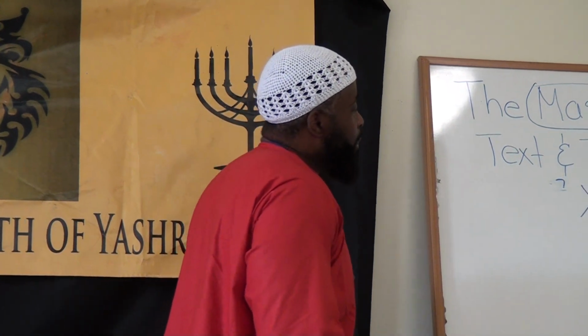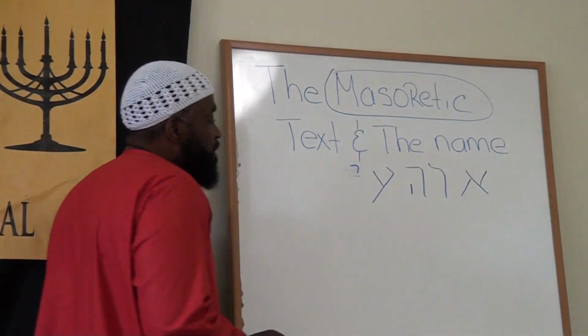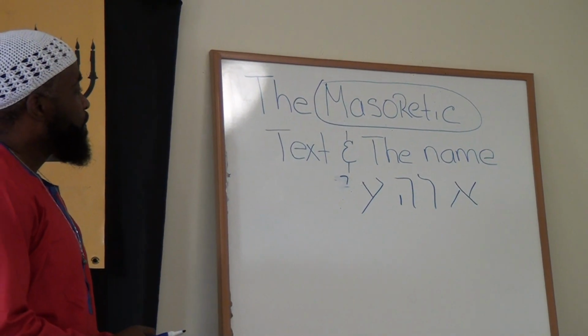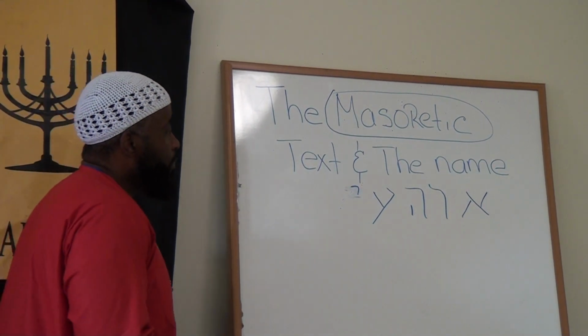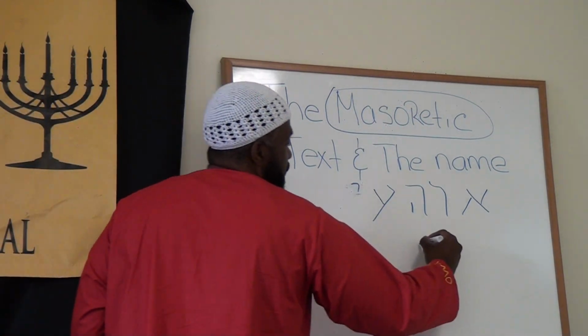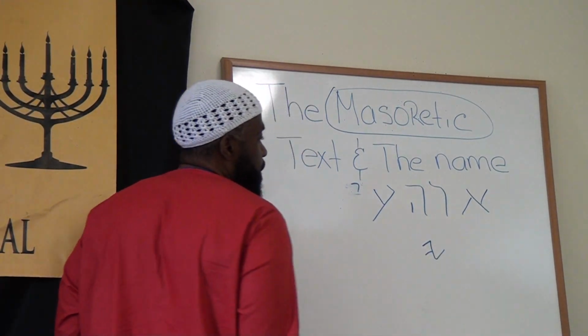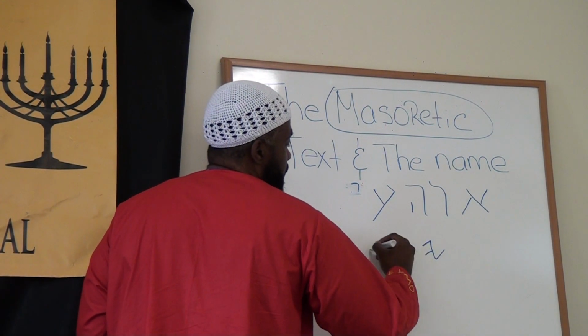What's interesting about this is that you can find 3 of these letters in the Father's name. Anybody know what those letters are? Okay, we have the Yod. We have the Hey.